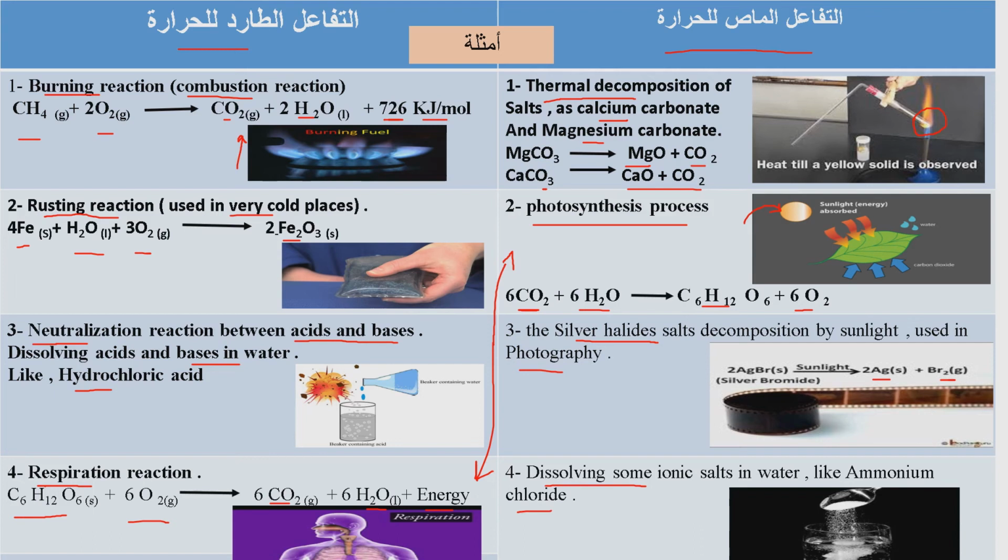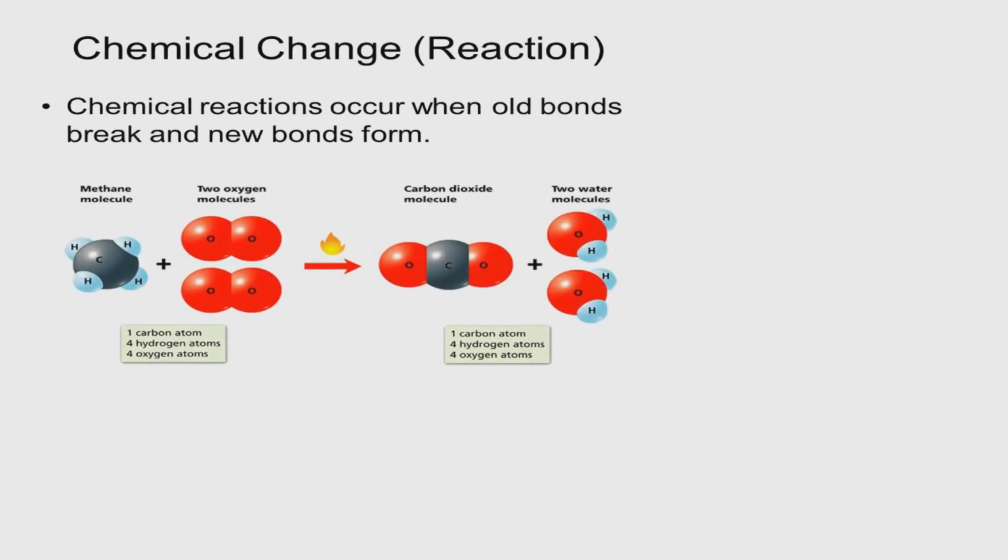Now we will explain what happens inside a chemical reaction. In any chemical reaction, we must say that we break bonds in the reactants. So for reactants, we break bonds, not break the atoms.